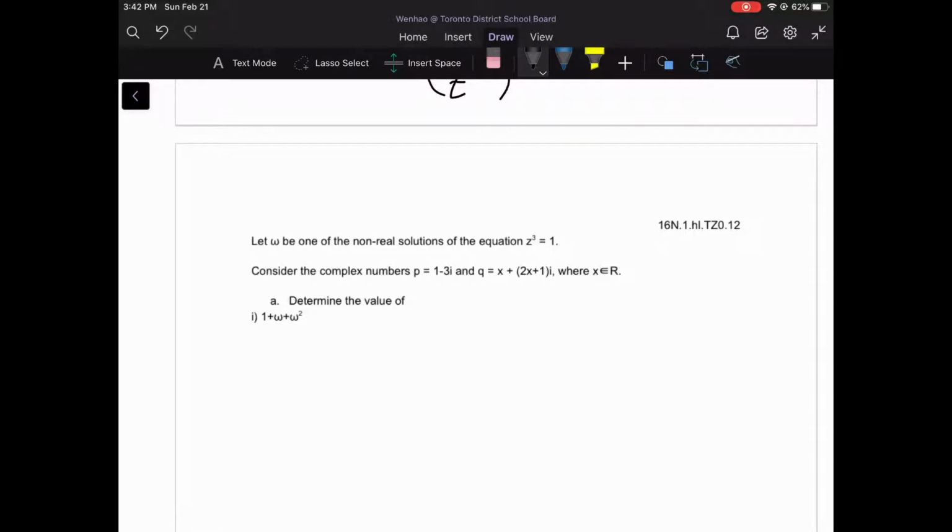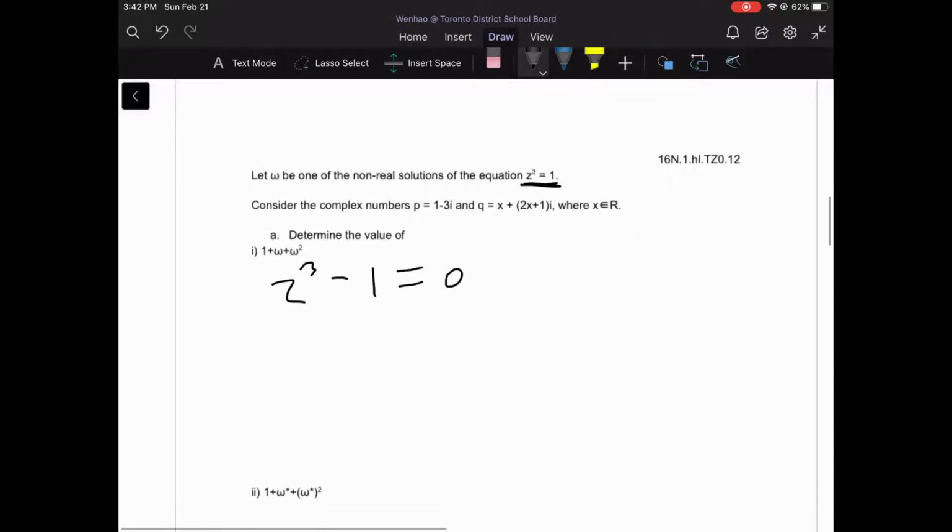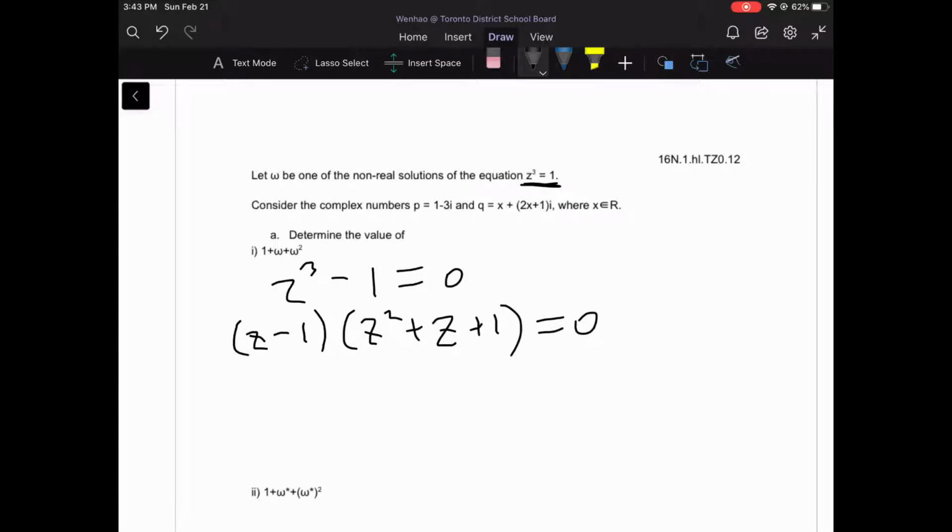Okay, so to do this question, we use this equation, z cubed minus 1 is equal to 0, and then we factor. So z minus 1 times z squared plus z plus 1 is equal to 0. This is the factoring for difference of cubes, and it's an equation that you should remember. And this is equal to, sorry, not 0.